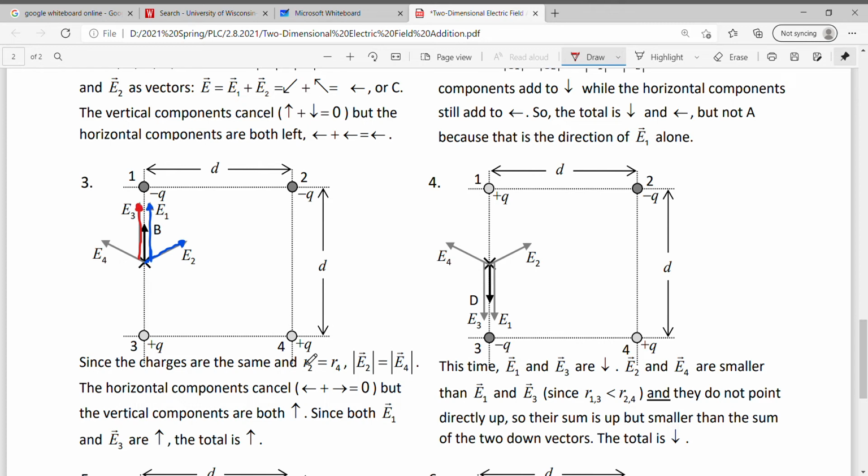And E4 is caused by this charge. Okay. So the problem is how to add these four vectors into one vector.